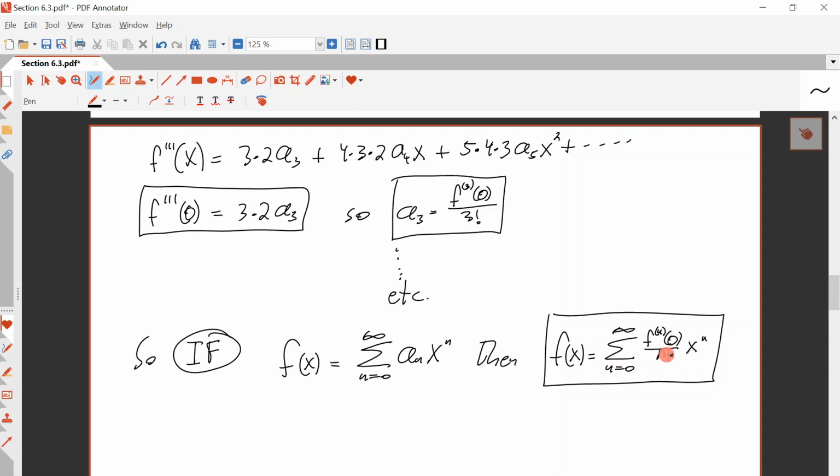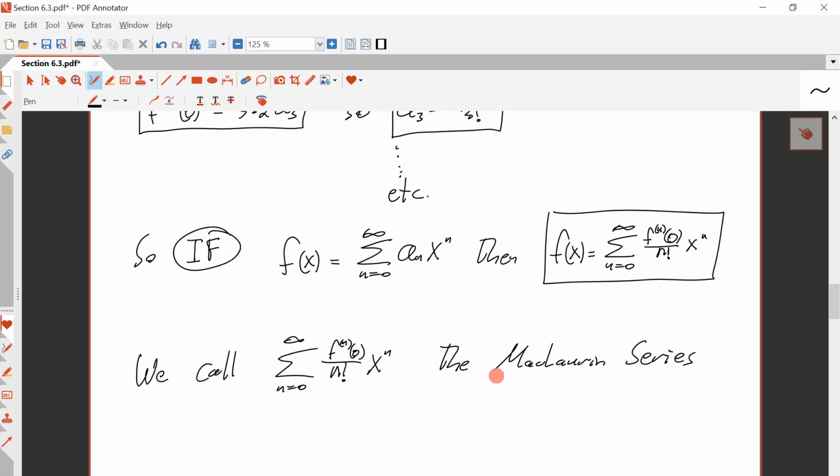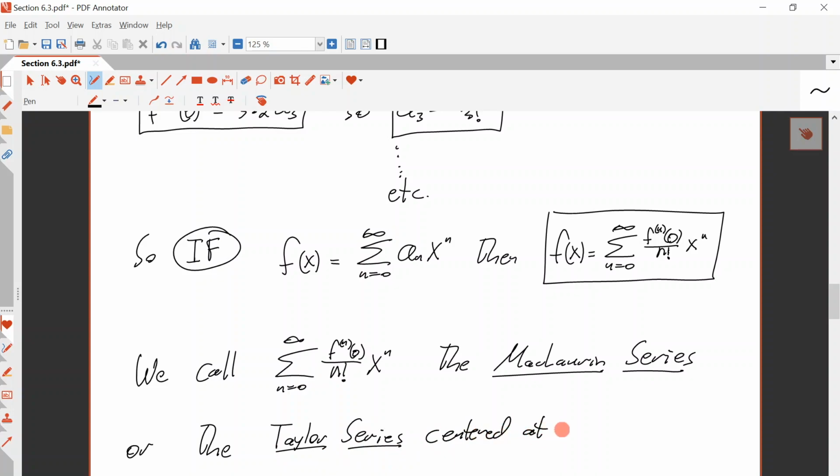This is called the Maclaurin series, or the Taylor series centered at 0 for f of x.